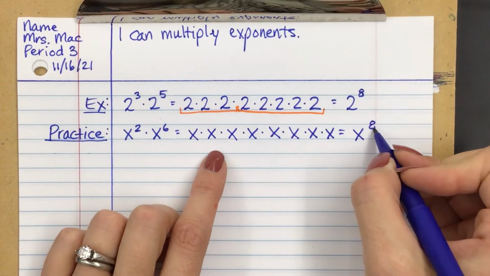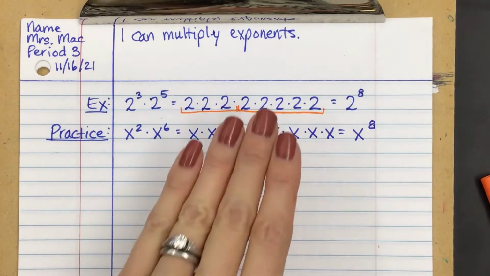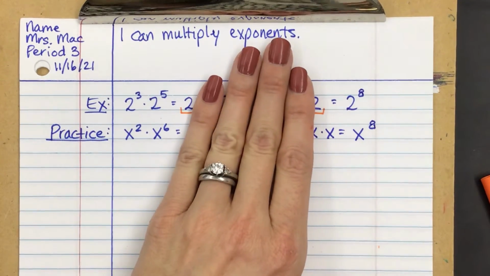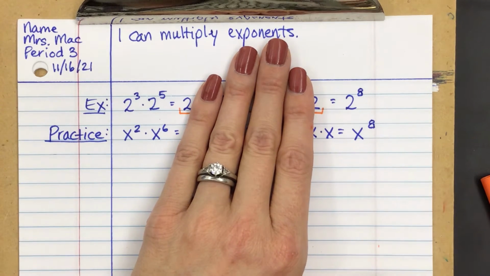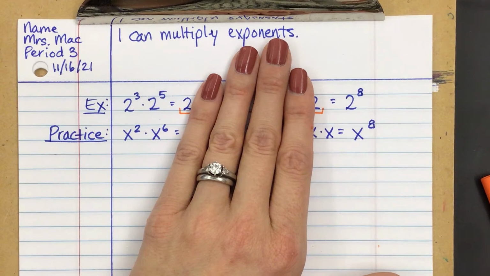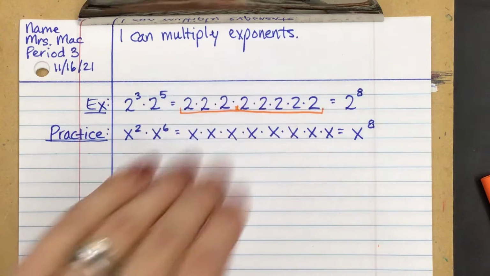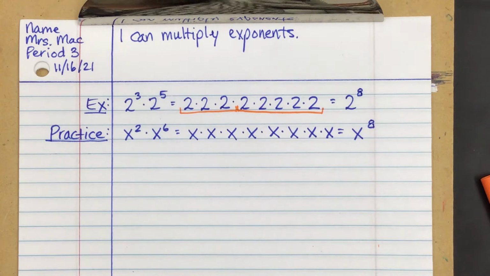Okay, now if we didn't want to do all this work in the middle and we just wanted to go from this to this, how could you do that? What's happening there? Macy. If it's the same, I forgot what it's called, like, same. All right.